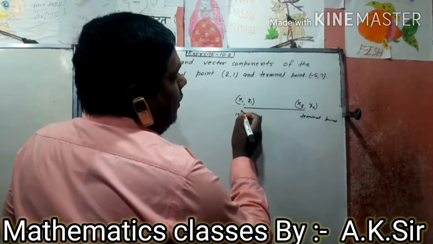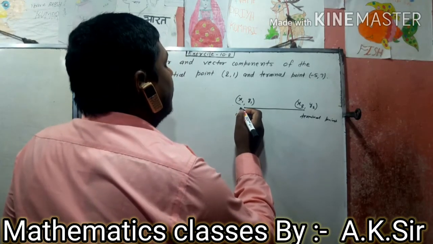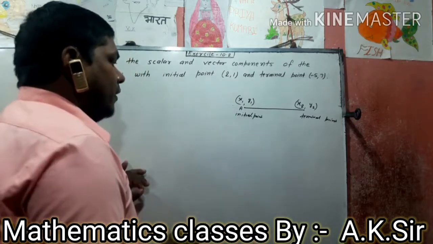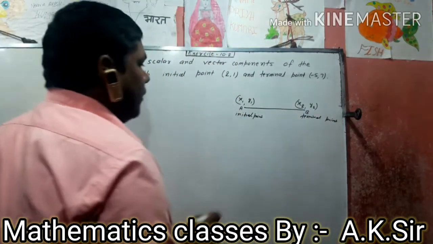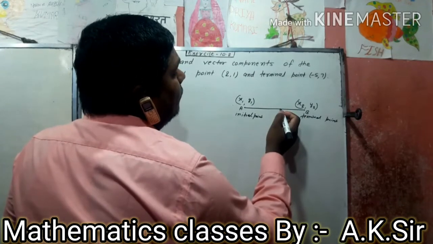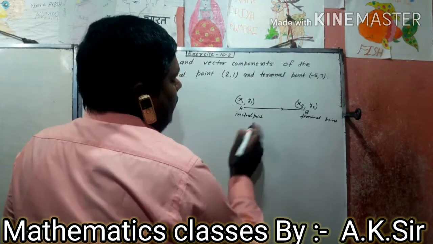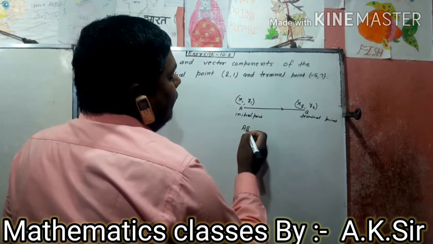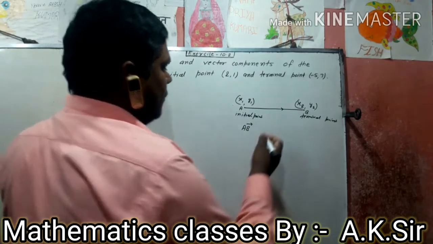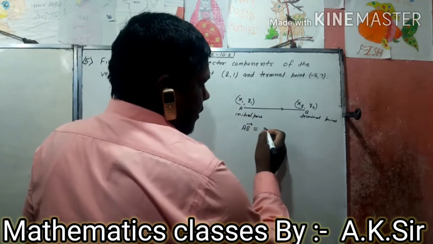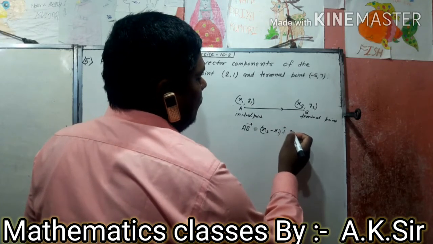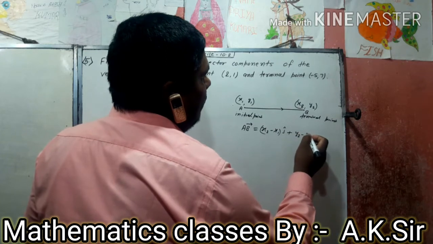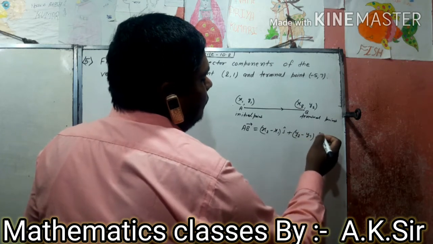Here is A and here is B. Then AB vector is equal to x2 minus x1 into i cap plus y2 minus y1 j cap.